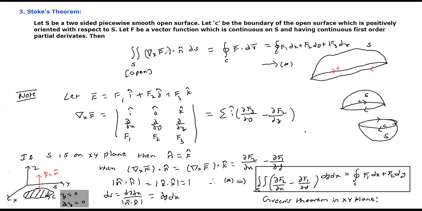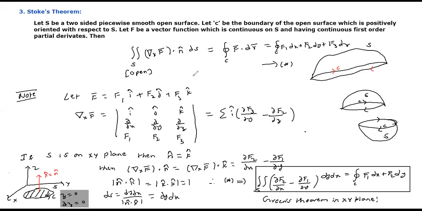This is the surface integral of curl f bar dot n bar. Remember that it is not f bar dot n bar, it is curl f bar dot n bar, and the surface must be an open surface. And remember, yesterday we saw that if S is closed, then the surface integral of curl f bar dot n bar ds equal to 0, because I can apply the divergence theorem.